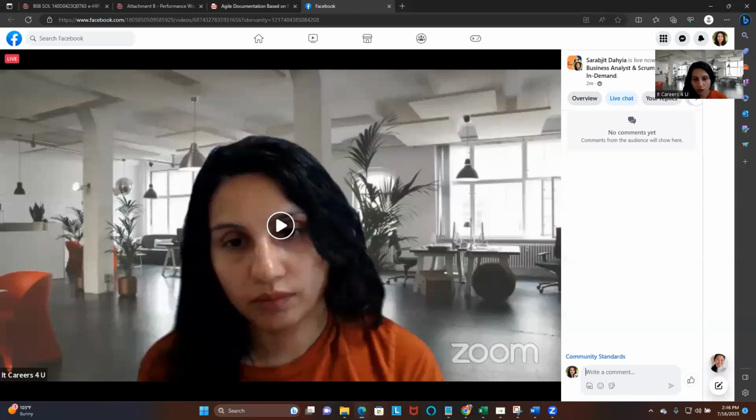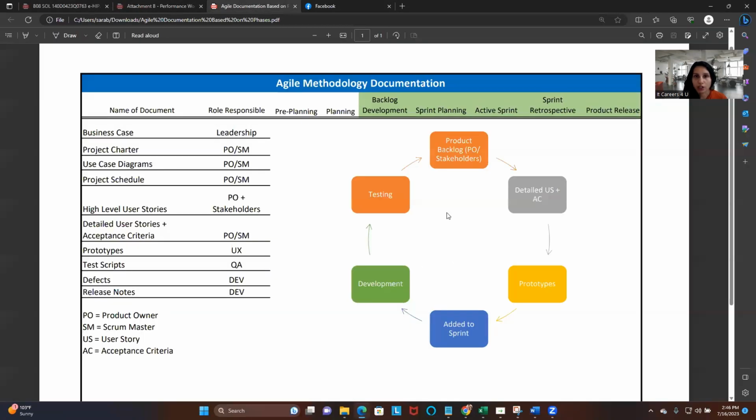So the key difference is that in a waterfall scenario, we will see a lot of documentation being done upfront in the analysis phase, and then in the Agile environment, we continue to work on documentation based on the prioritization of that function or feature. So give me 1 second and I'll share my screen and then we will go through Agile documentation.